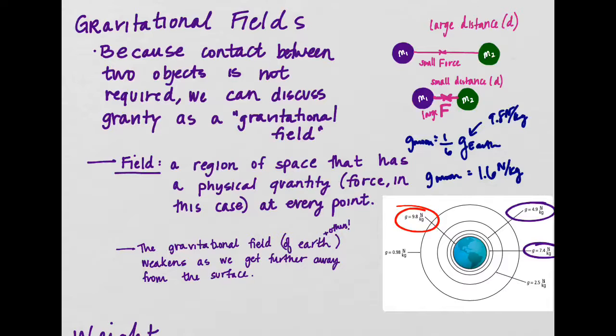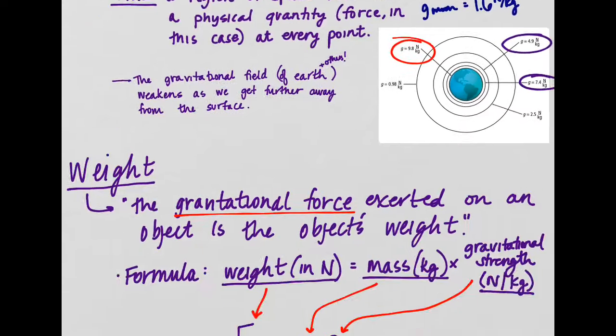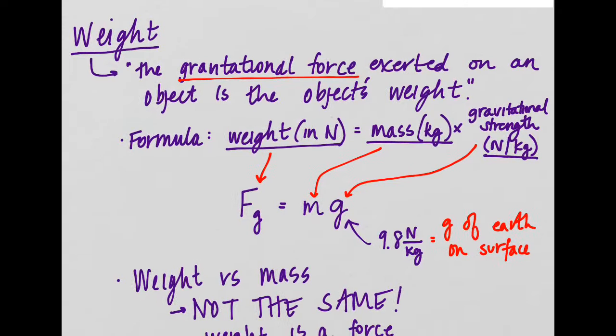Anyway, when it says on the study guide, gravity on different planets, I just want you to know that we do have different gravitational strengths on different planets. Then we talked about weight. So what is weight? Weight is the gravitational force exerted on an object. It is the object's weight.